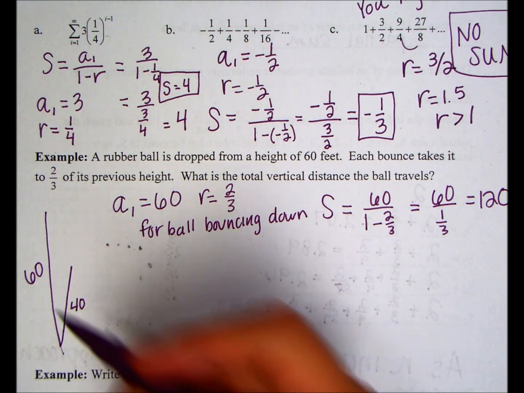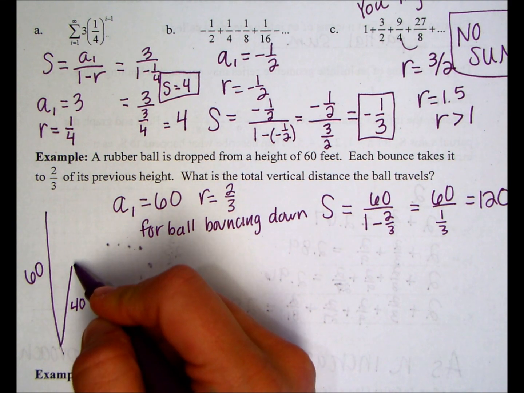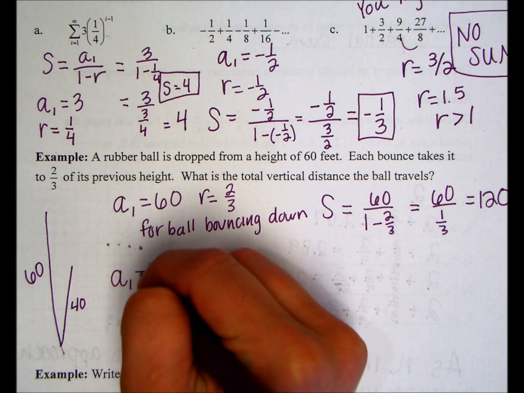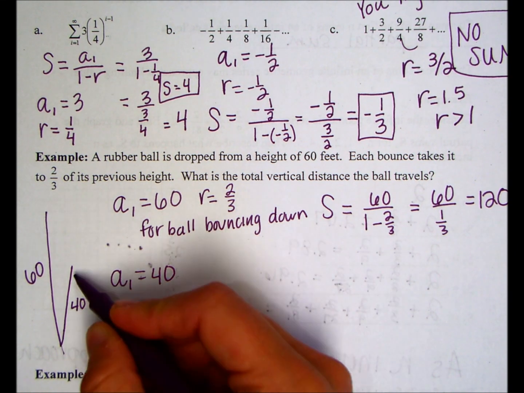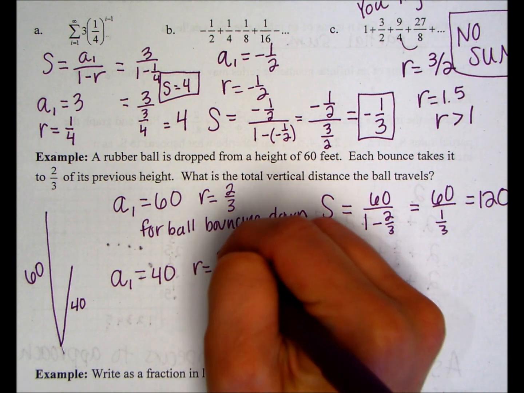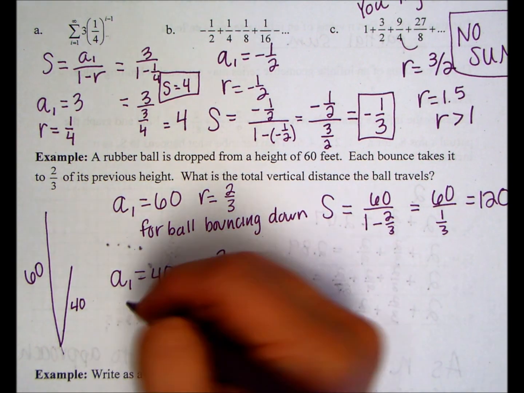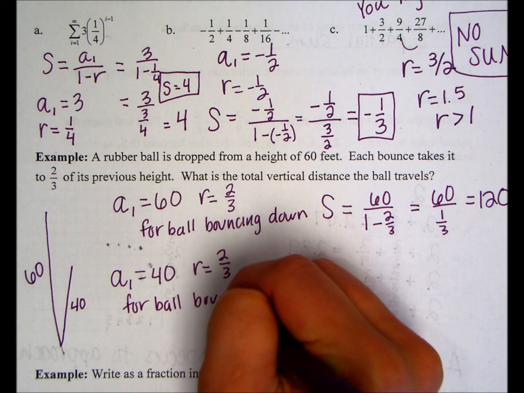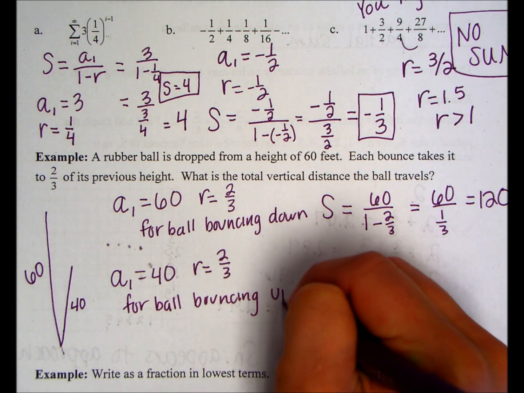Now I need to think about the ball bouncing back up, and I have to take that into account. So for that, my first term is 40 right here. This is the first time that it bounces up. And the r value, again, is still 2/3. So this is for the ball bouncing up.